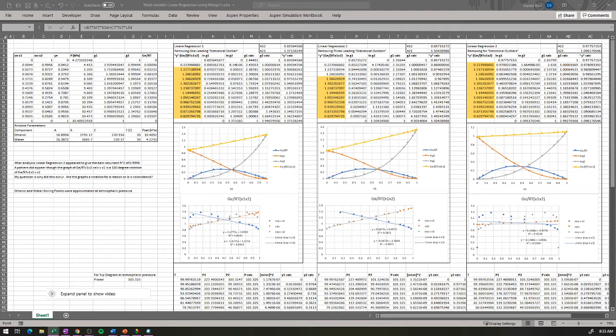So basically that's what this models. It models the boiling points of an ethanol water system. Just going to make sure I typed that in right. Yeah, okay, I did.